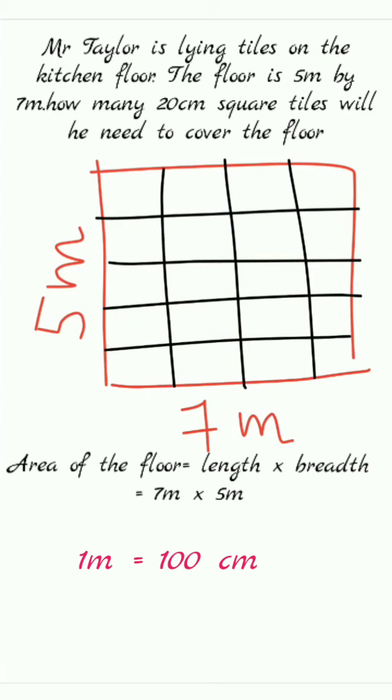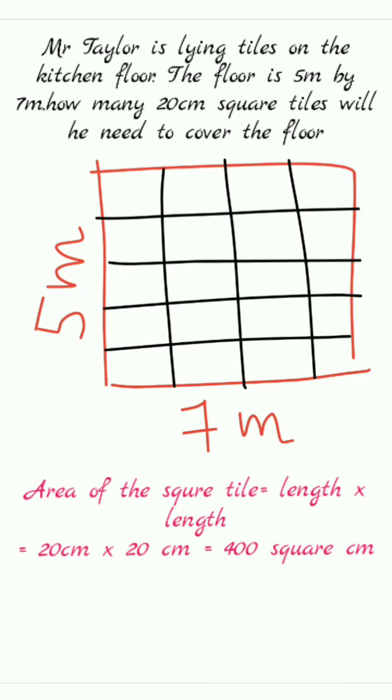So to convert a large unit into small unit, we need to multiply it with 100 because 1 meter is equal to 100 centimeter. So this will become 500 centimeter and 700 centimeter. So this is equal to 700 centimeter into 500 centimeter, that is equal to 3,50,000 centimeter square. So we got the area of the floor.